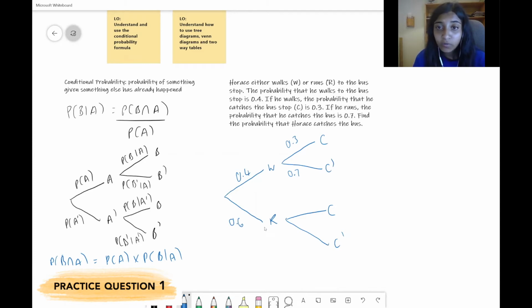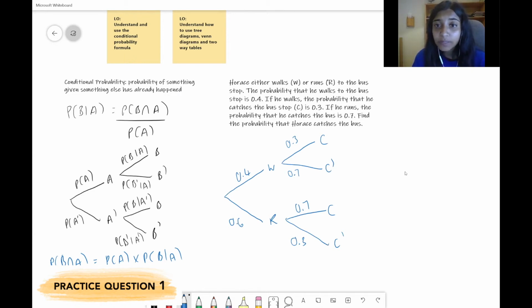Now if he runs, the probability that he catches the bus is 0.7. Because you can either catch or not catch the bus, the probability that he doesn't catch the bus given that he runs is 1 minus 0.7, which is 0.3. So that's all the components of our tree diagram.